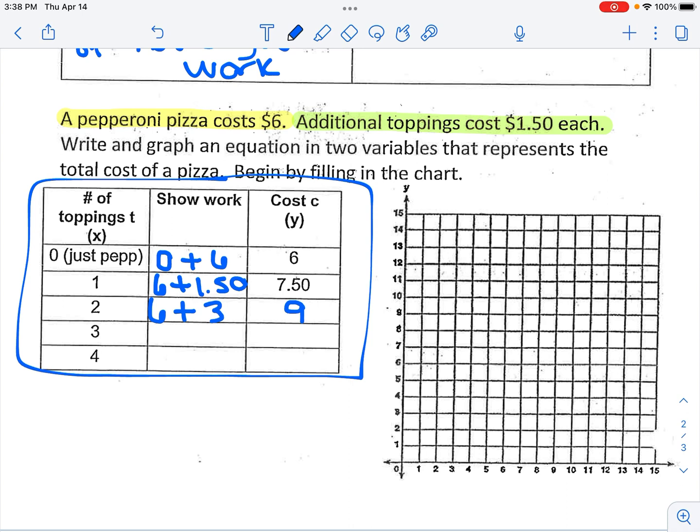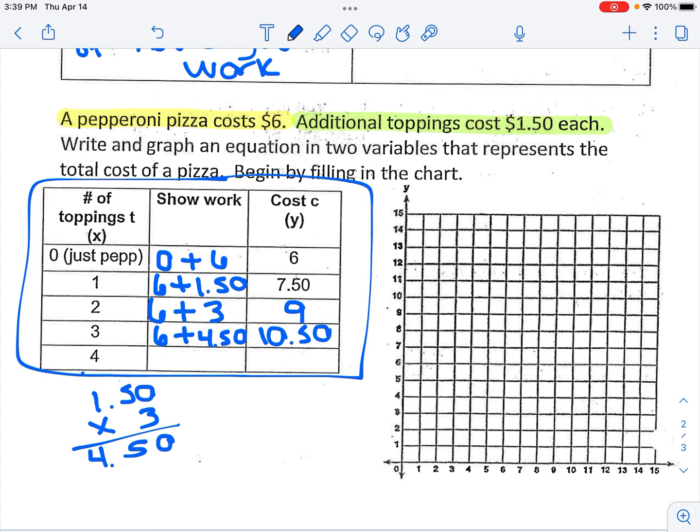What if you want 3 extra toppings? You would owe $6 for the pepperoni pizza. Now, if you're not sure, it's $1.50 per item. So $1.50 times 3 extra items would be an extra $4.50. So then you would owe $10.50 total for your pizza.